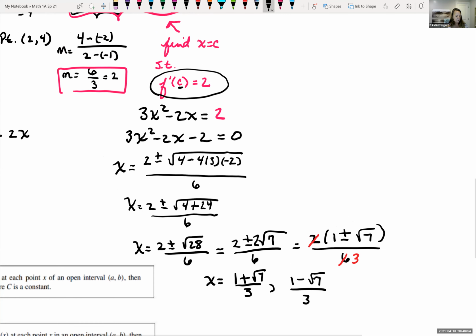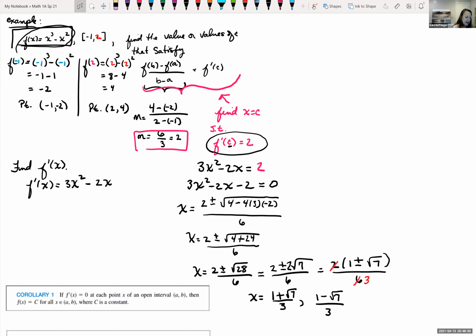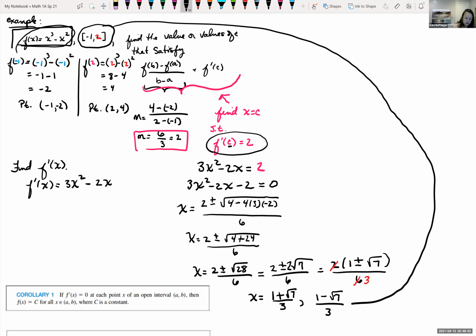We need to be careful because it has to be between x equals -1 and 2. We need a calculator to see if we can figure that out. At least one of those has to fall in that interval by our theorem.